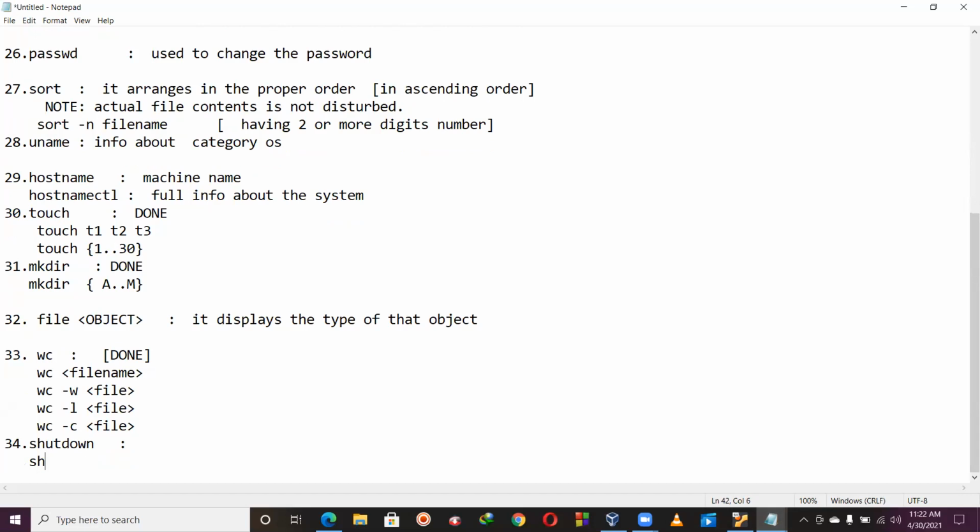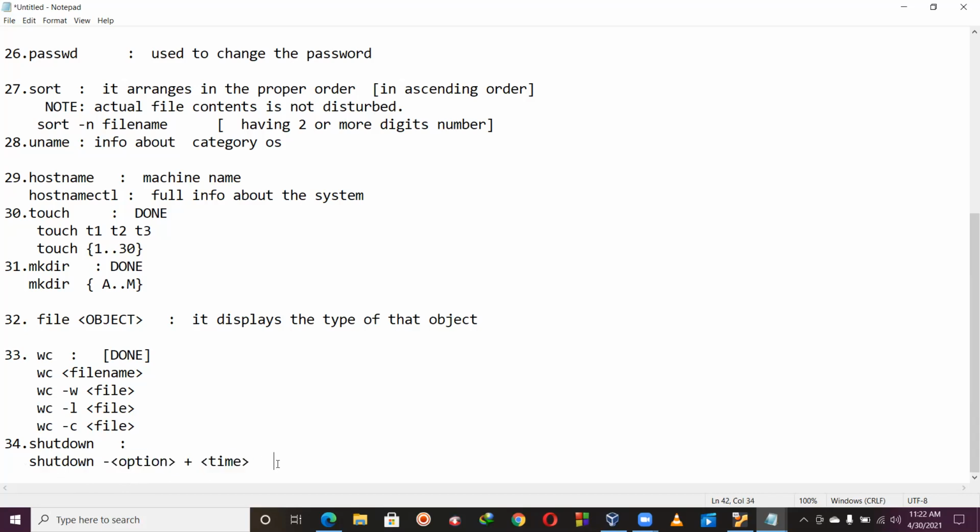The actual syntax is sudo shutdown, hyphen option, plus sign, and here you should give the time. Now see, this is the syntax. Understand, all of you? Sudo shutdown -option +time.